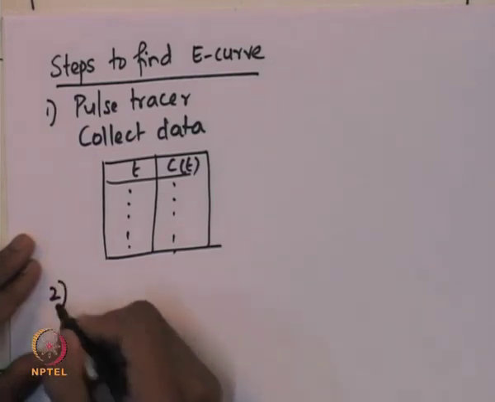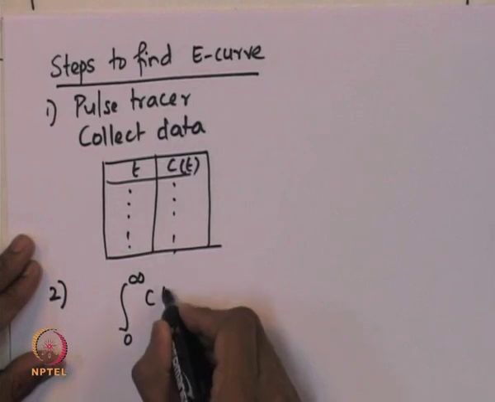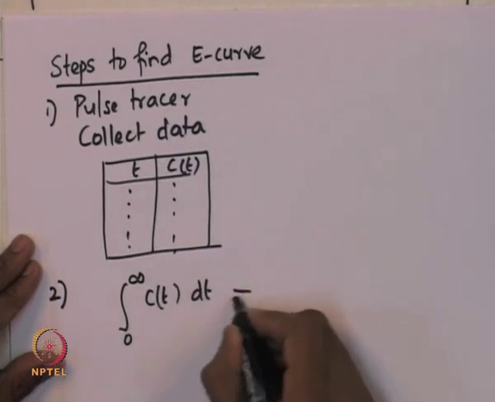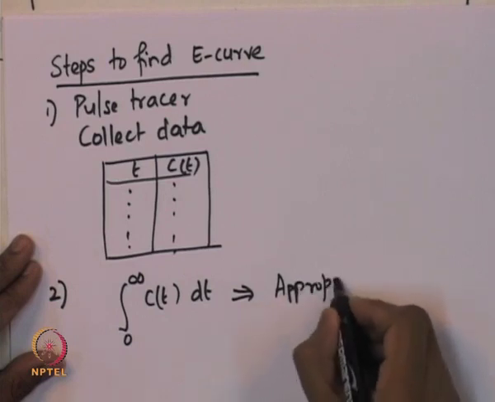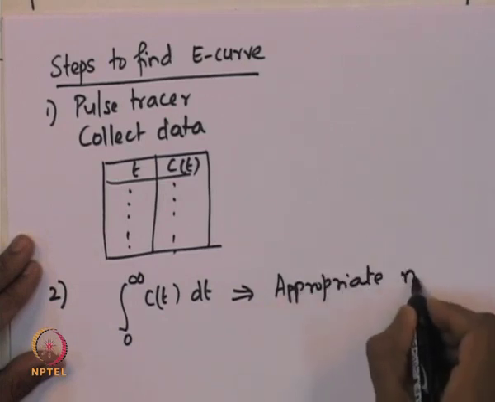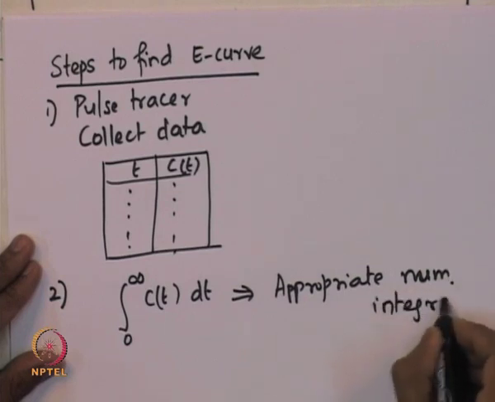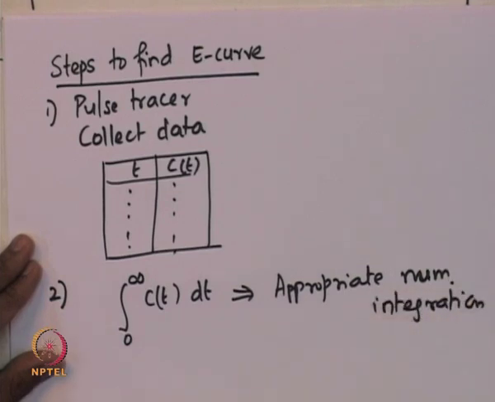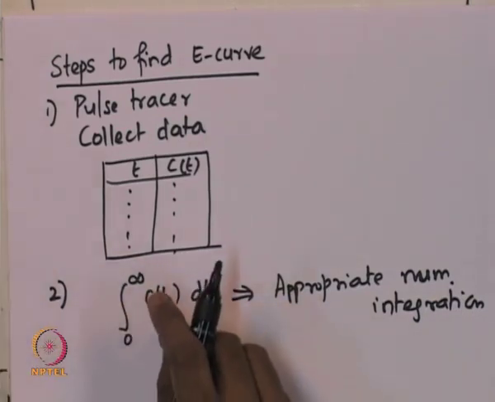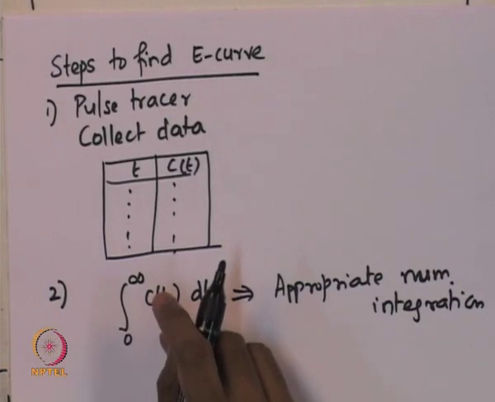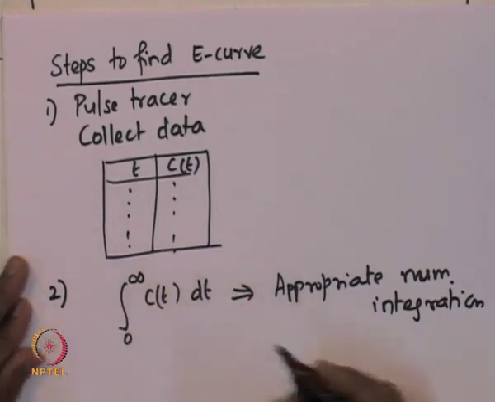Now, once this data is available, one needs to find the integral of C of t dt by using an appropriate numerical integration scheme. By using appropriate numerical integration, one can find the integral from 0 to infinity of C(t) dt, which is the area under the C curve.